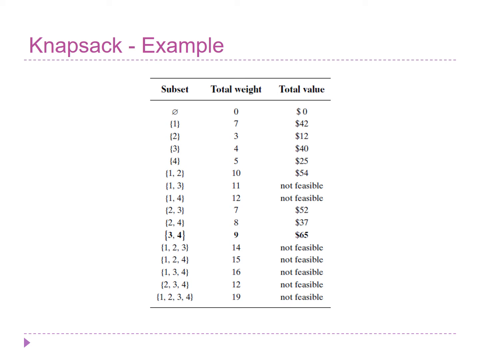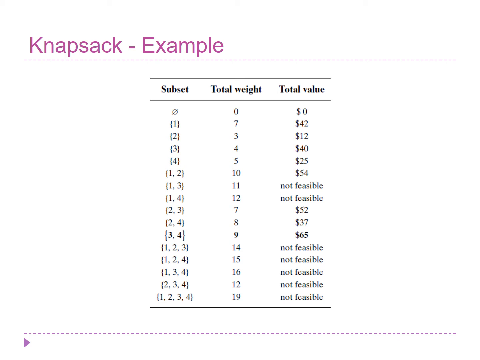The table given here illustrates the exhaustive search approach. The first column represents the subset of items selected. The second column represents the weight of the subset of items. The third column represents the total value of the subset of items selected.